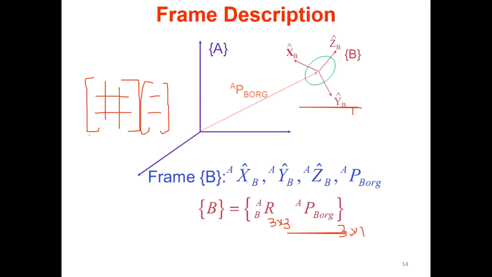So what we do is put another row over here, with 0, 0, 0 and 1. So this becomes a 4 by 4 square matrix, and we like to have square matrices. The last row is redundant; we don't use it. Here we have the rotation part, and this is the translation part. So that is the complete description of a relative frame with respect to a reference frame.